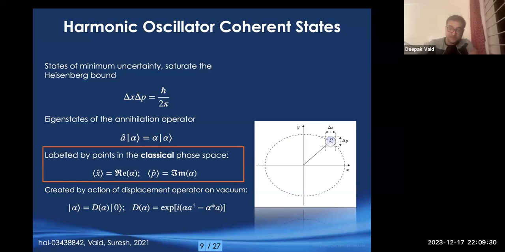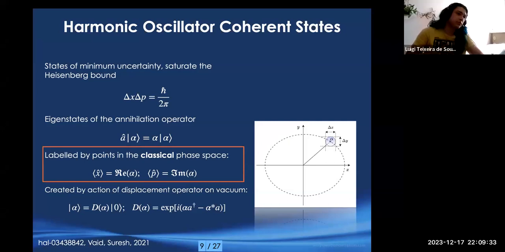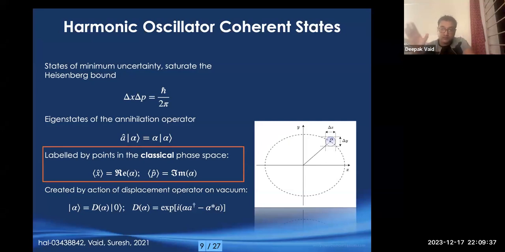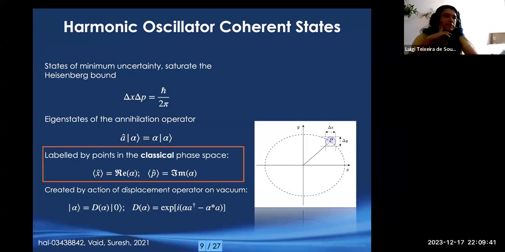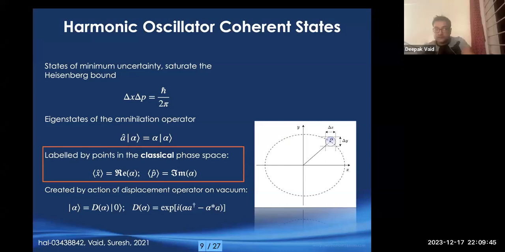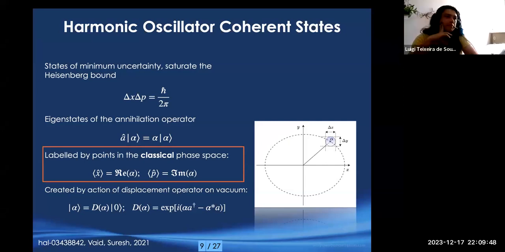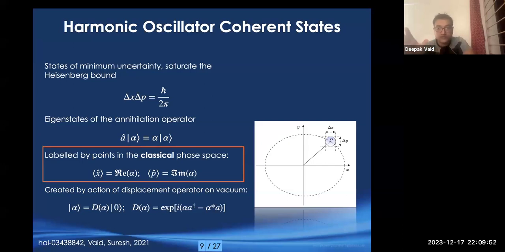But in this case, we want to displace in both directions, the momentum direction and also the spatial direction. So this exponent is a linear combination of momenta and also contains a position term.